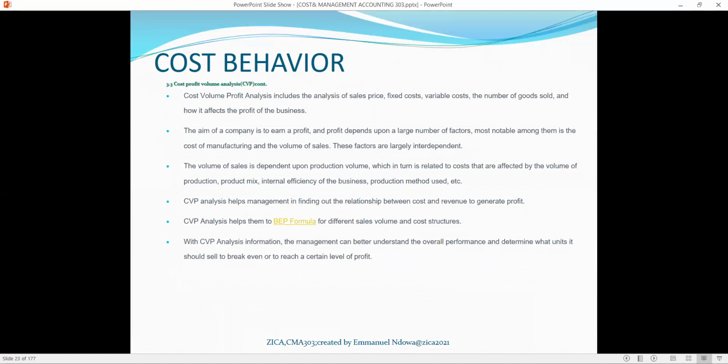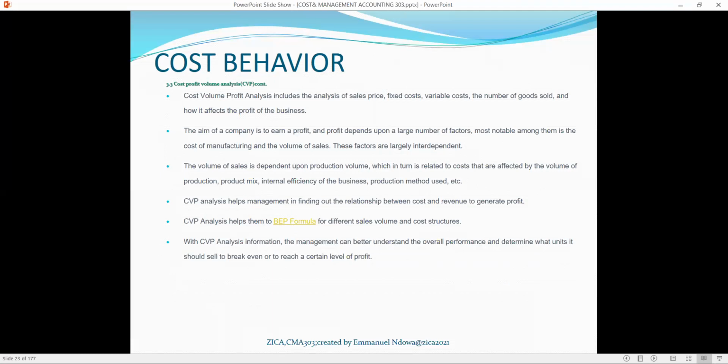And then the other aspect: the aim of the company is to earn profit. The profit depends upon a large number of factors, most notable among them the cost of manufacturing and the volume of sales. These factors are largely interdependent.